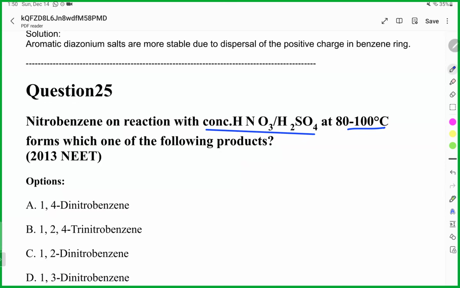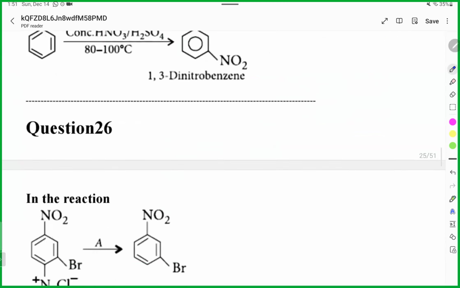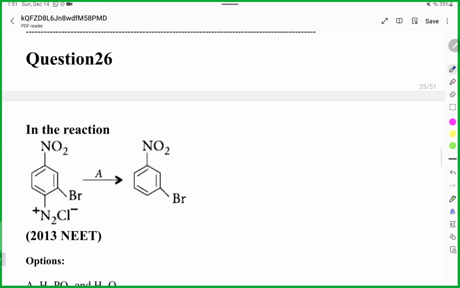So it should be multi-substituted. Nitrobenzene on reaction, meta, 1,3. Yeah, exactly, 1,3, meta. So nitrobenzene again nitrates.